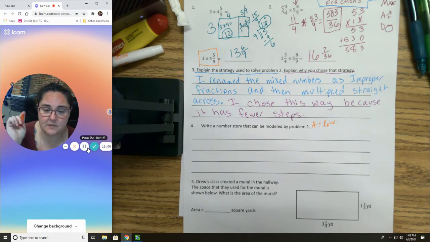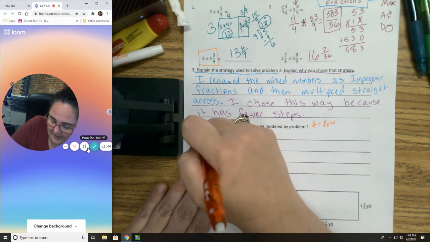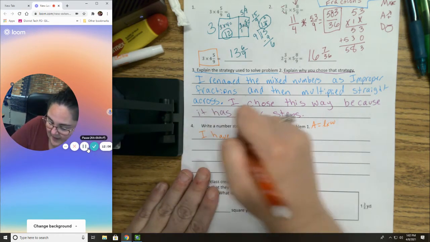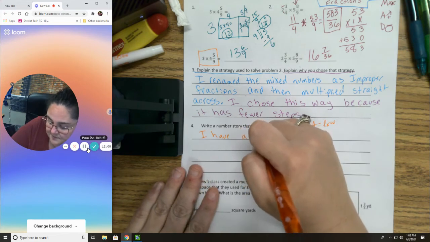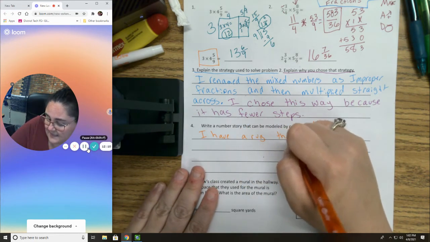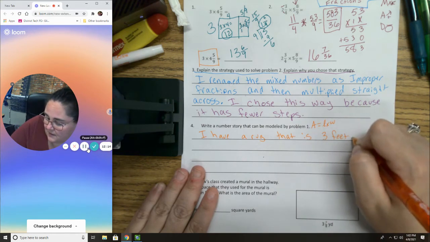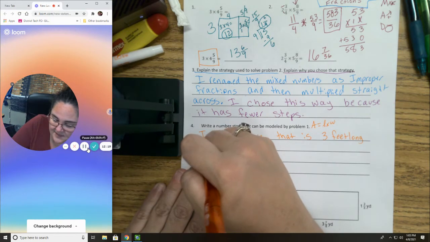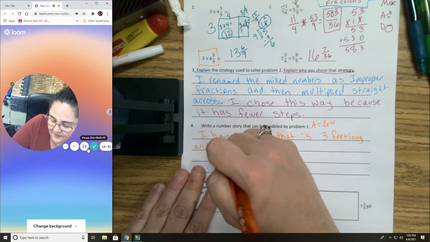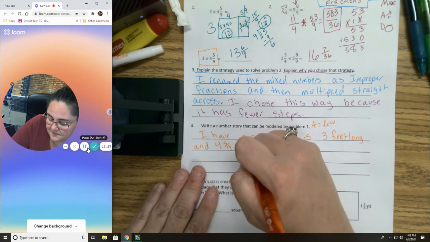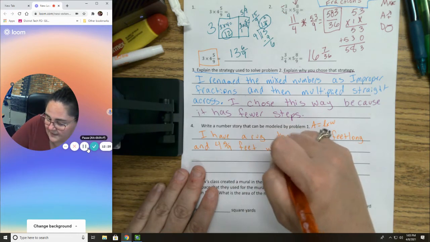Okay? So I'm going to do an area one. I have a rug that is 3 feet long and 4 5/9 feet wide.